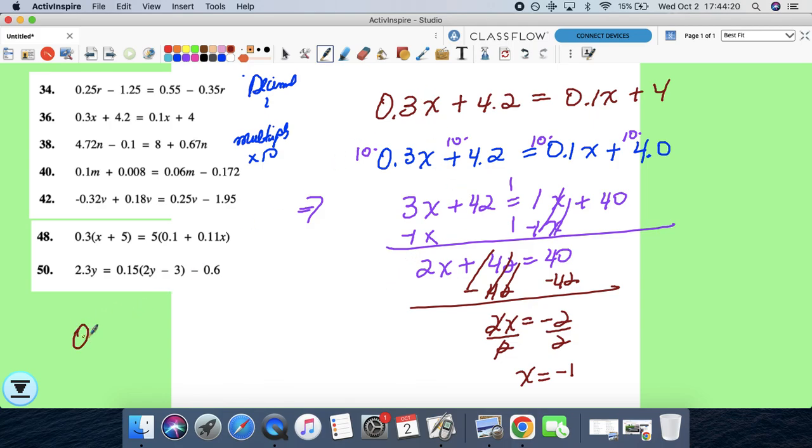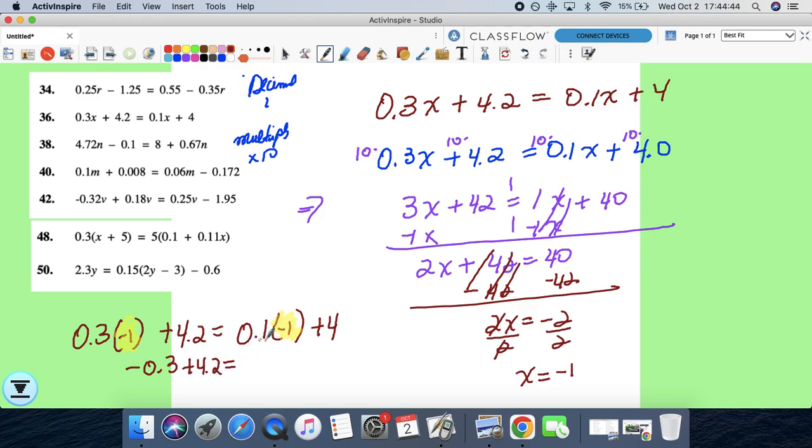Let's substitute. So 0.3 times negative 1 plus 4.2 equals 0.1 times negative 1 plus 4. Notice that in these two locations, I substituted x with negative 1. So put down your calculator. 0.3 times negative 1 is negative 0.3 plus 4.2.